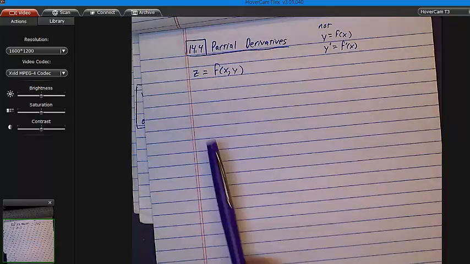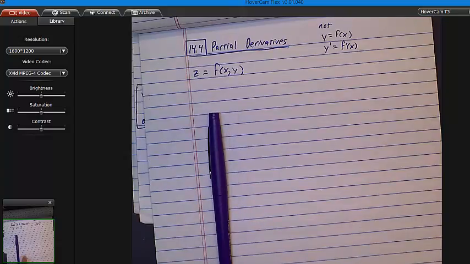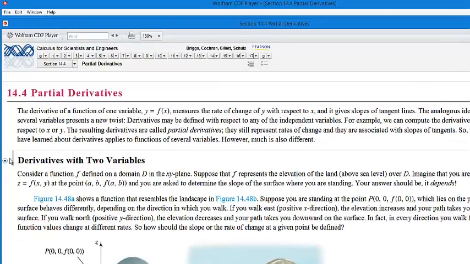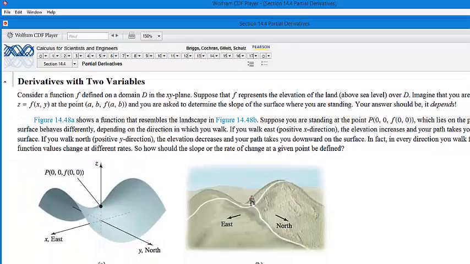And when you say it tells you the rate of change, or it tells you the slope of the tangent line, that's weird already in 3 dimensions. And so the picture that shows that really nicely in your book, they go here. They say, okay, here is a typical function, right?